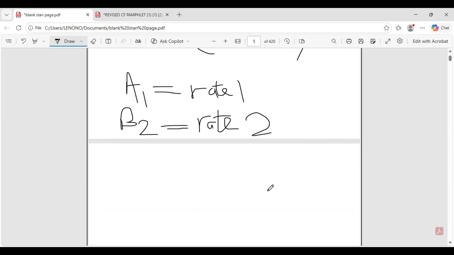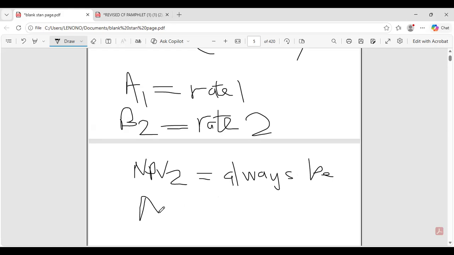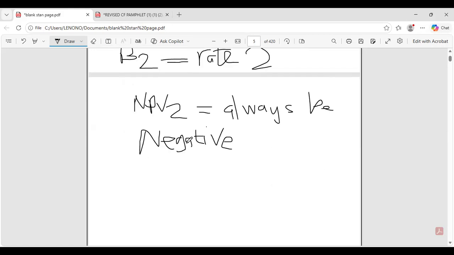So rate 2, NPV2 should always be negative. So set rate 2 as high as possible to give a negative NPV.